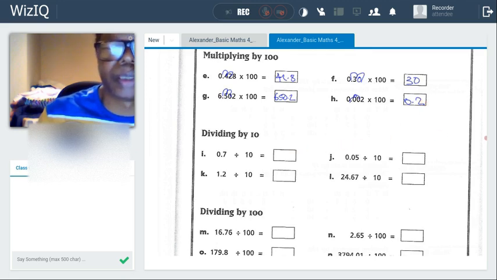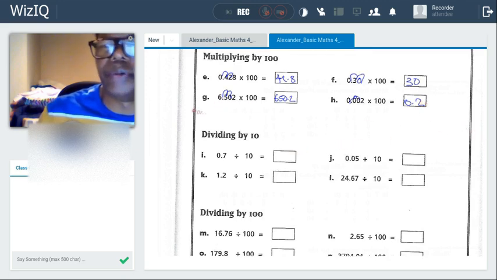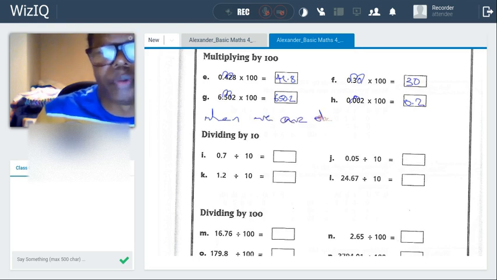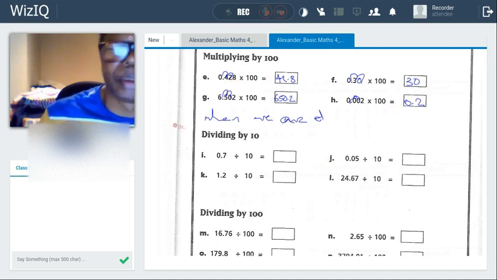Now, when we are dividing, we do the same things. You just rewrite this, but you put dividing instead of multiplying. When we divide, you are going to do the opposite.